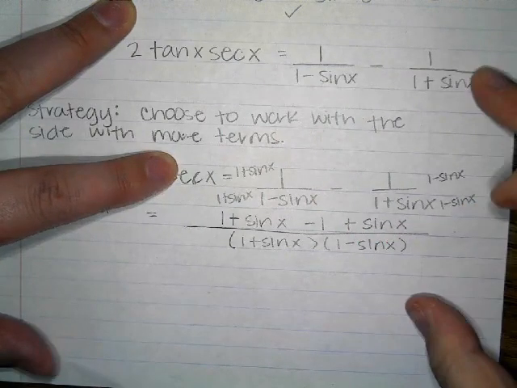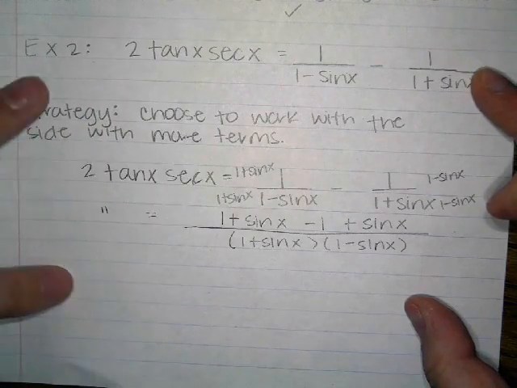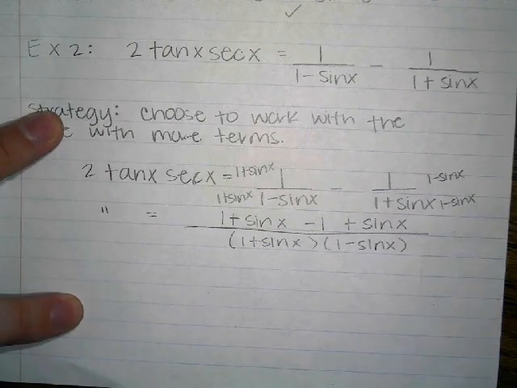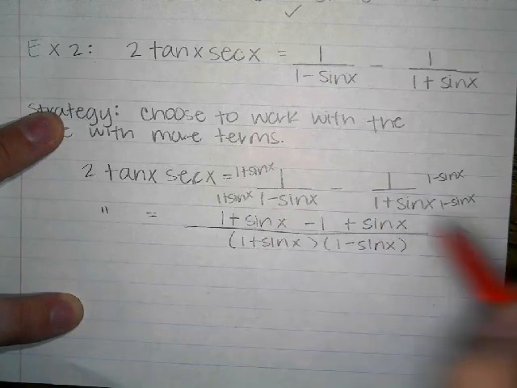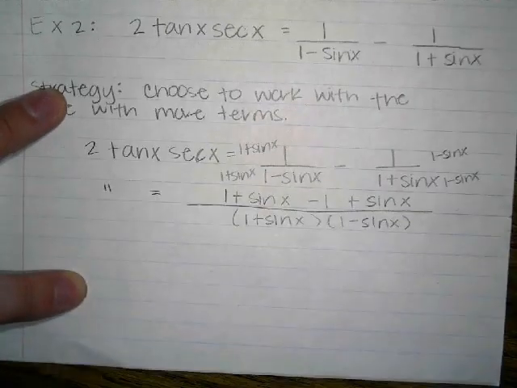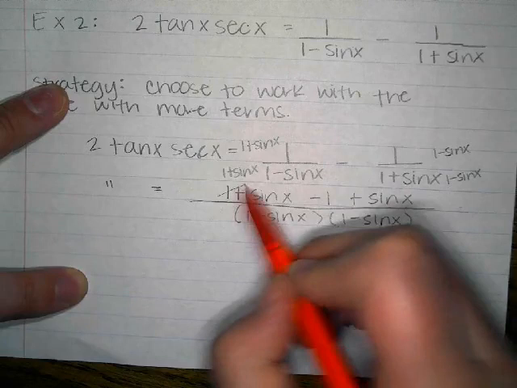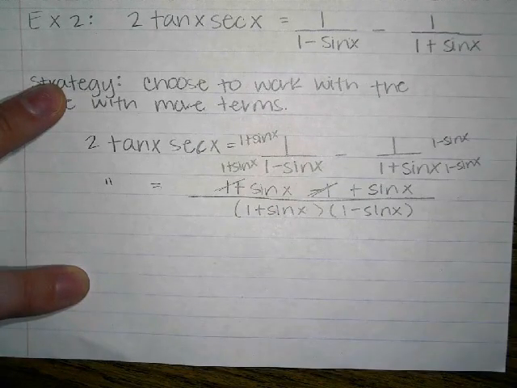Okay, so what do we see? What happens with the ones? The ones cancel. And then what happens with the sines? They combine, and what do you get? Do you get sine squared if you add two sines? No, you just get 2 sine.